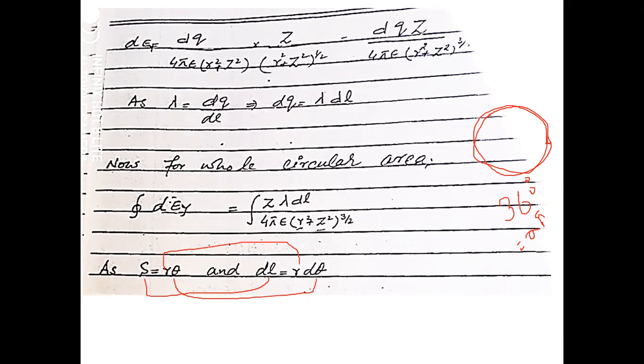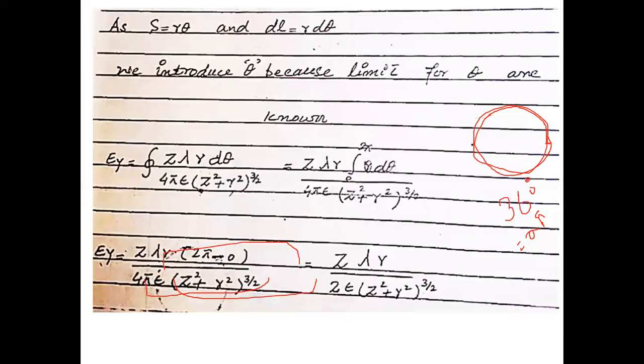Now the circumference for dl, and the limits for the whole complete circle, is a universal value, that is 2 pi. So z lambda r dθ, with dθ limits from 0 to 2 pi, divided by 4 pi epsilon, all these being constants for theta.